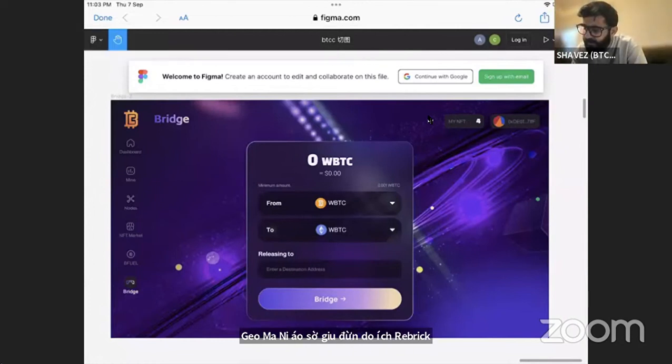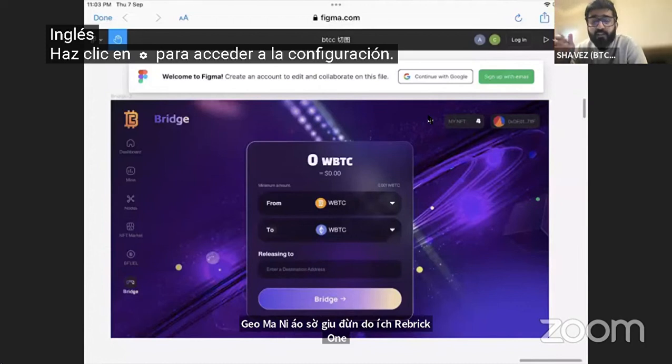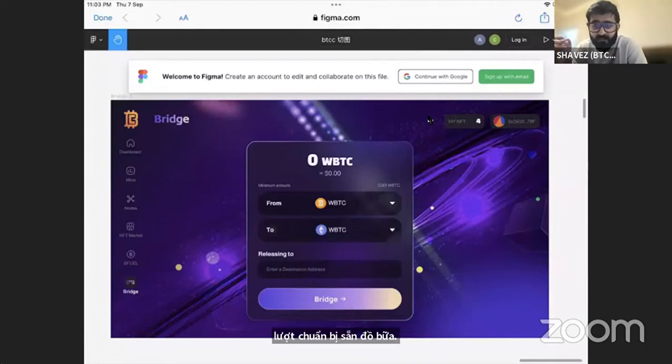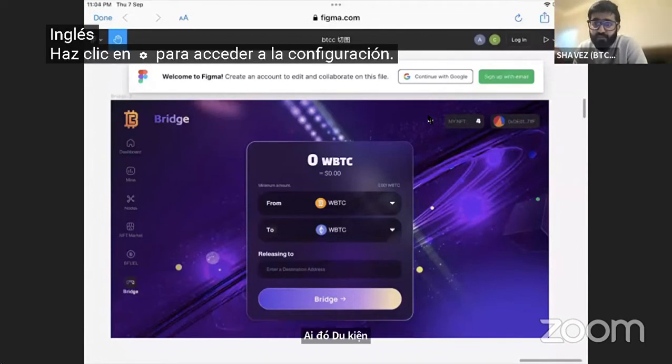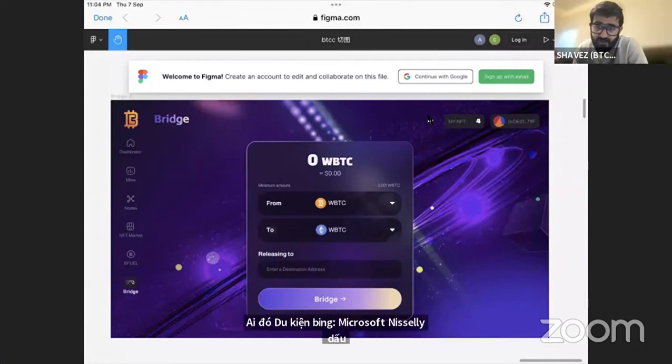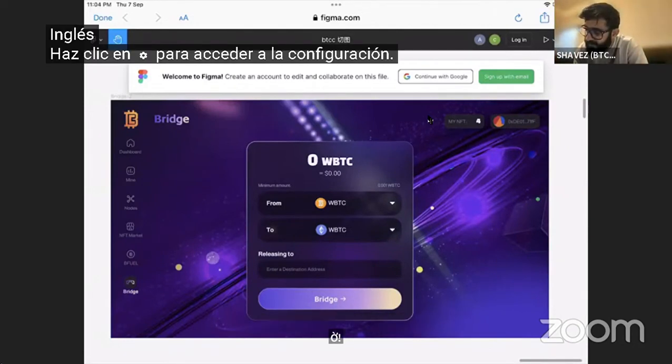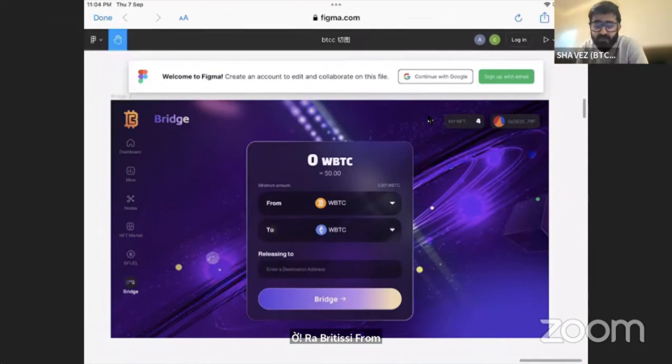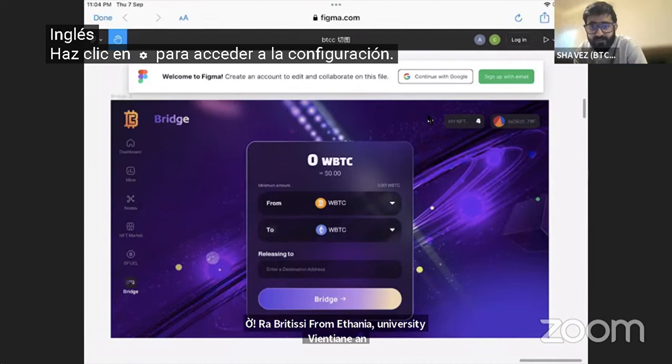Just copy it here and bridge, and it will be sent. And because initially you have to buy the B fuel, when you bring the wrapped BTC from Ethereum, you just type the destination address and send from there into your WBTC. It will be received. Very simple, it's a bridge.